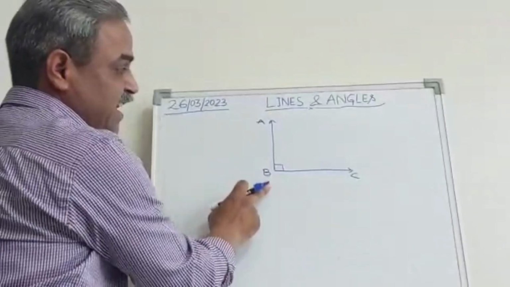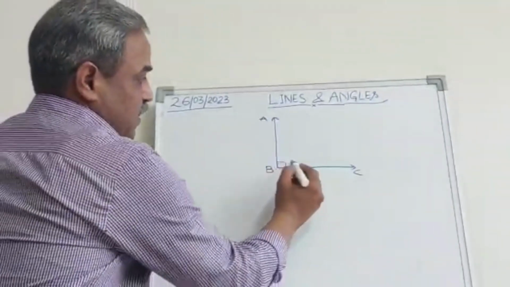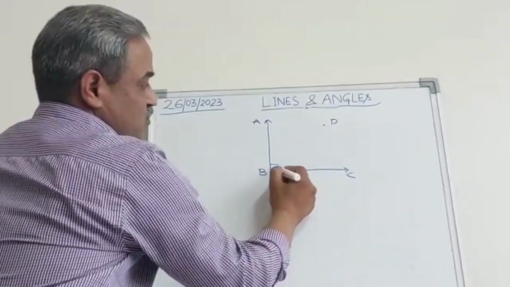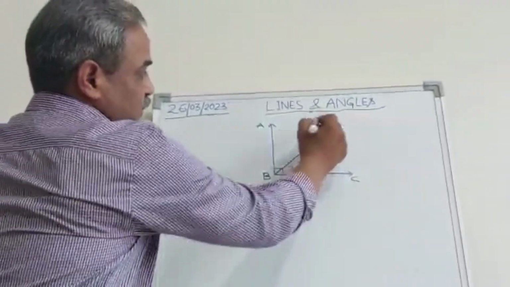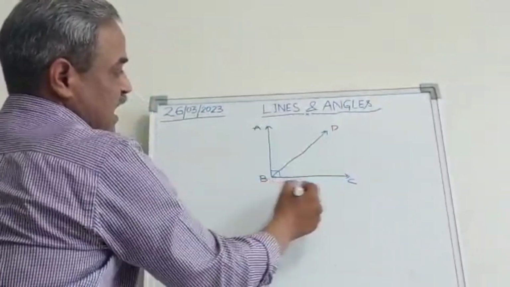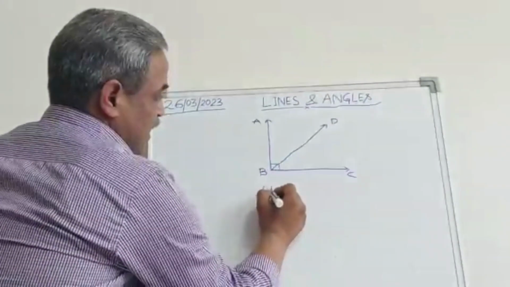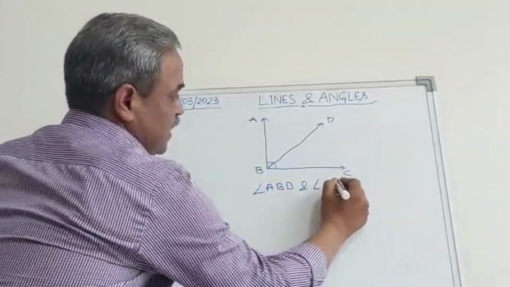Suppose we have a right angle ABC which is of 90 degrees and a point D outside it. When we join B with D, this line divides the angle ABC into two angles, that is angle ABD and angle CBD.